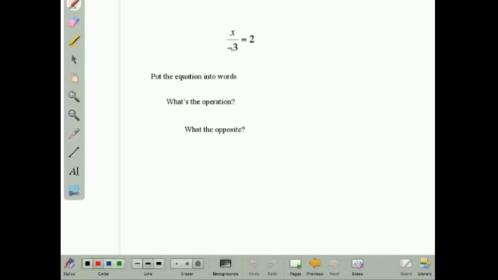This says x divided by negative 3 is equal to 2. What's the opposite of divide? It's multiply. So I can multiply this whole thing by a negative 3. And I like to leave things as fractions just to make it simple, because you're going to be dealing with a lot of fractions.